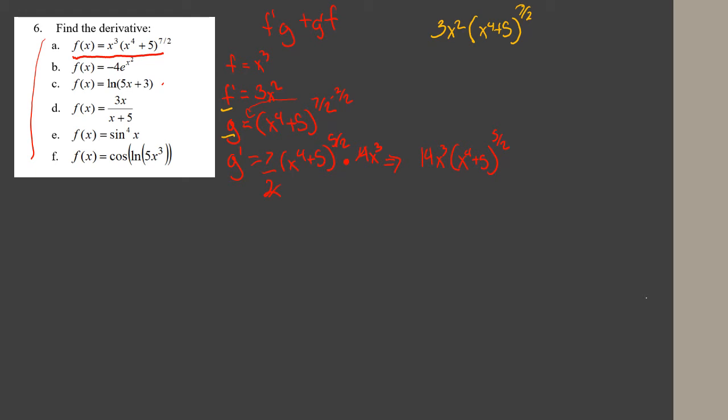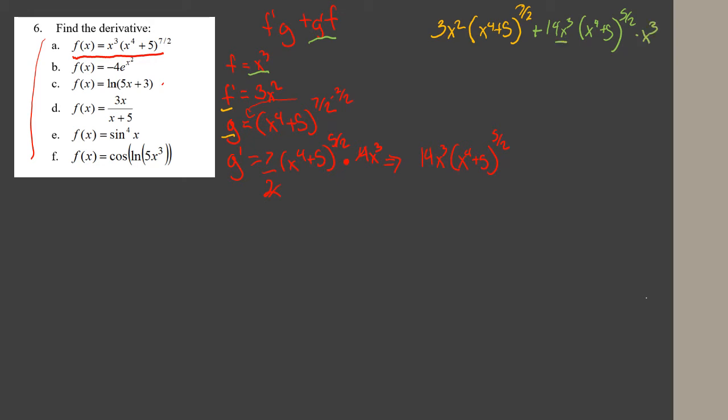And then we're going to take our g prime f and we're going to clean this up a little bit. So plus g prime is 14x cubed times x to the 4th plus 5 to the 5 halves. But we also need to bring in this x to the 3rd, so times x to the 3rd.